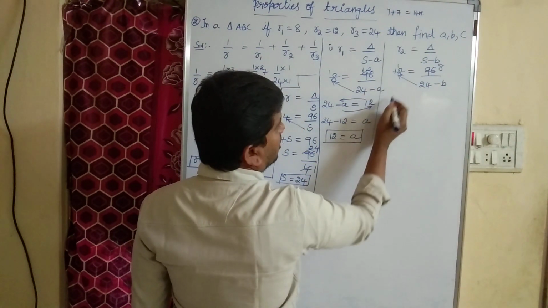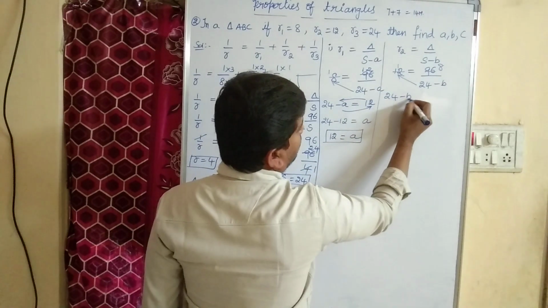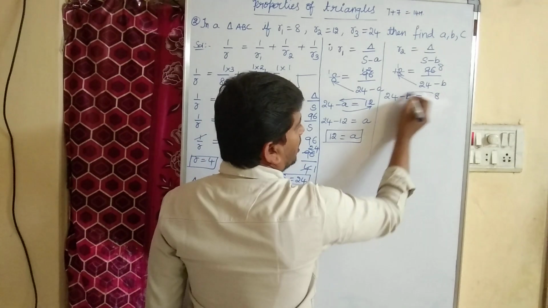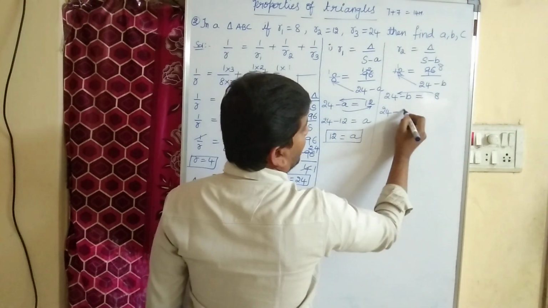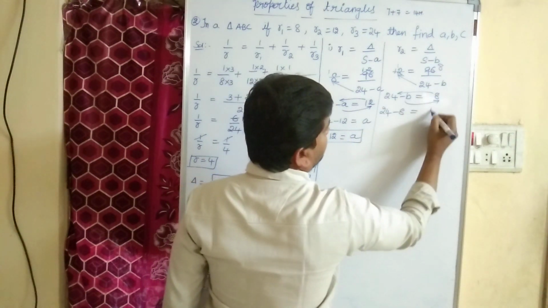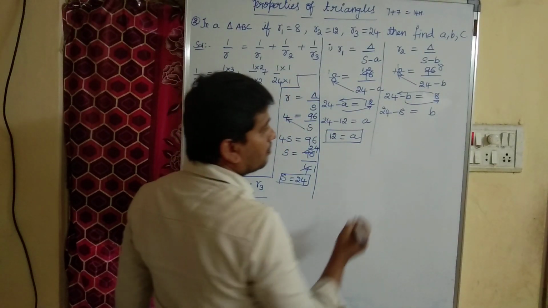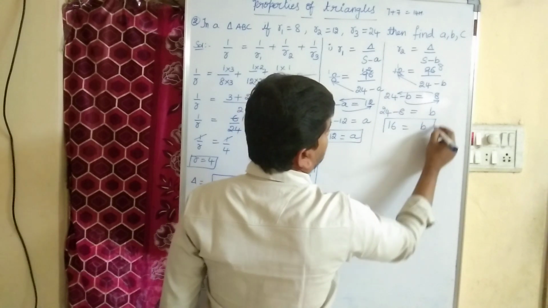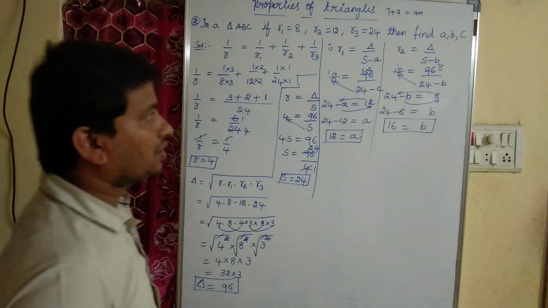Again cross multiplication: 1 into 24 minus B, 24 minus B equal to 8. 8 you transpose: 24 minus 8 equal to minus B you transpose, it will become plus B. So 24 minus 8 is equal to 16. So the value of B is 16.